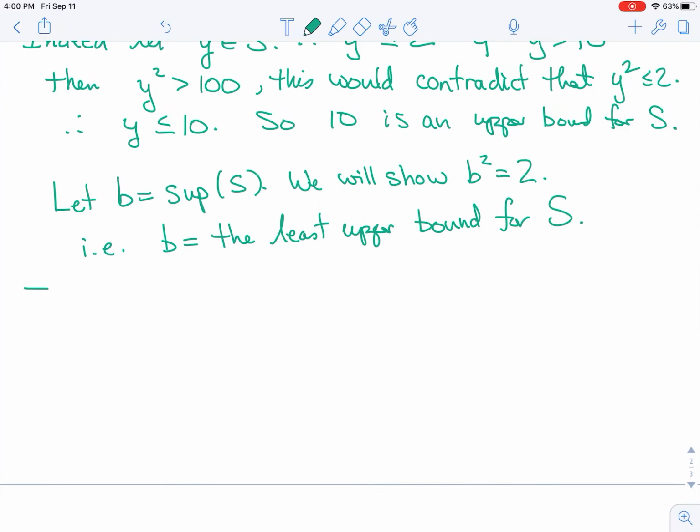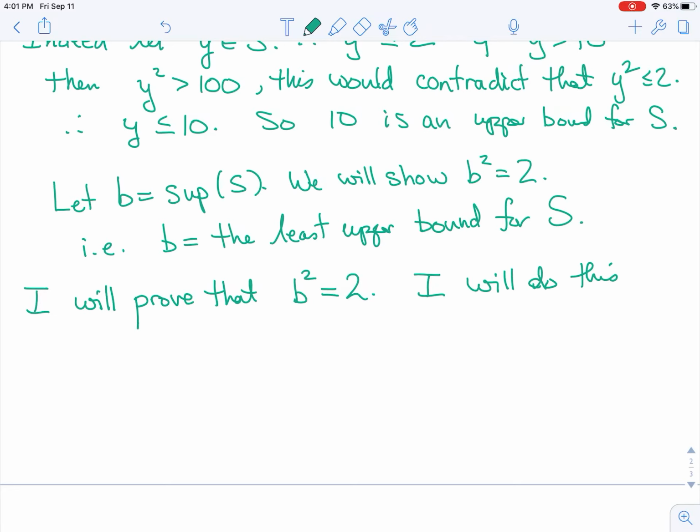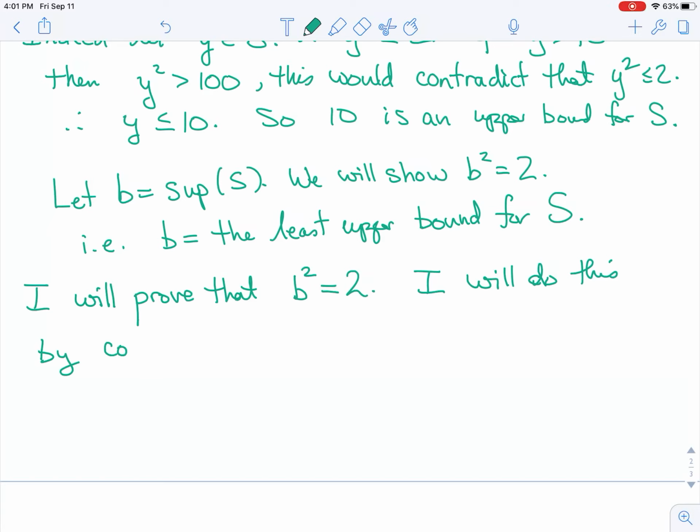So, you know, that's just what we need in this case. And so now I will prove that B squared is exactly equal to 2. Right? And I will do this by contradiction.